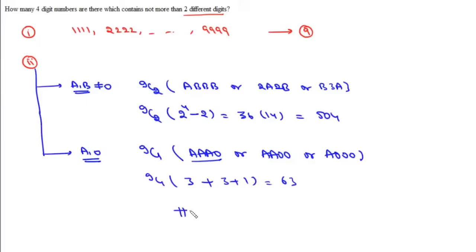So the total number of such numbers will be 9 plus 504 plus 63, and which is 576. So there will be 576 4-digit numbers which contain not more than 2 different digits.